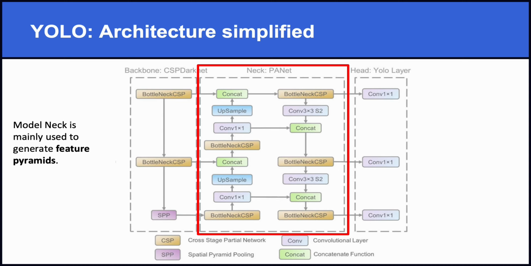And the goal of these feature pyramids is to detect elements at different scales, meaning that even if the object is small, it will still be detected, and same if it is larger.